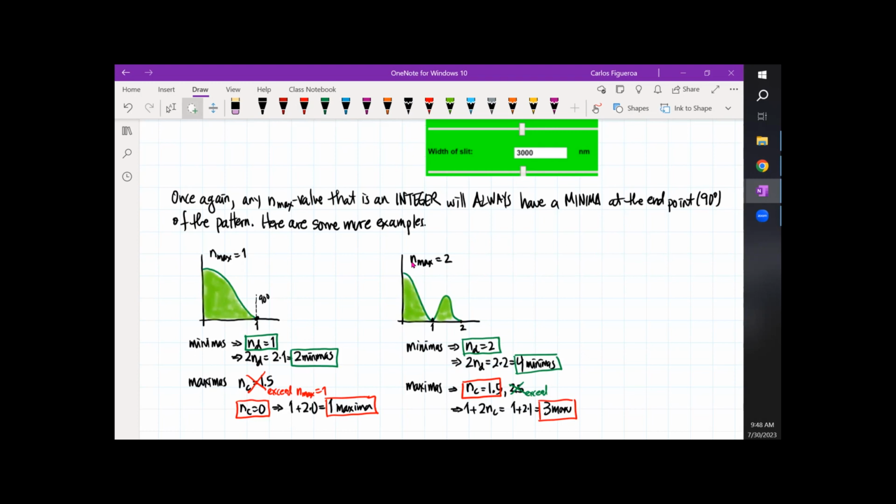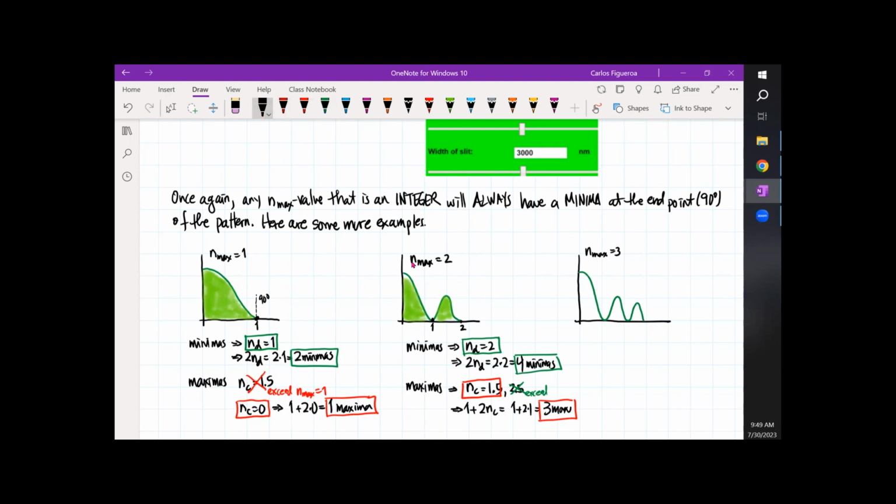So instead of looking at these details, let's see if we can just do it by inspection. What happens if I have a pattern that's now Nmax equal to 3? Then we just start the same process here. So it's going to go 1, 2, 3.